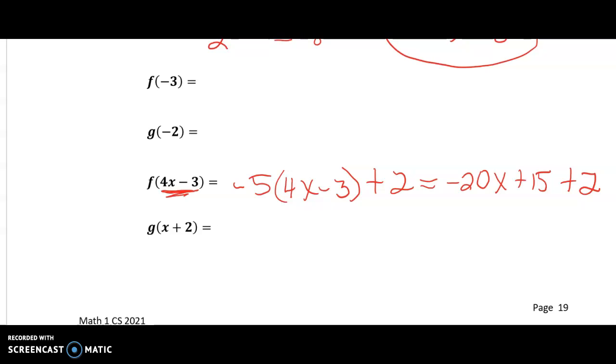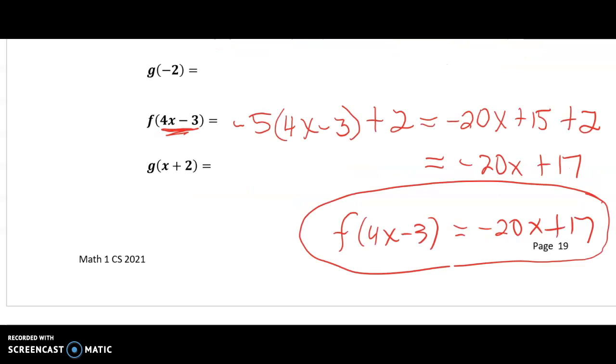Distribute the negative 5 through the parentheses to get negative 20x plus 15, and then the plus 2. Then we combine like terms to get negative 20x plus 17. So our final answer for that problem is f of 4x minus 3 is equal to negative 20x plus 17.